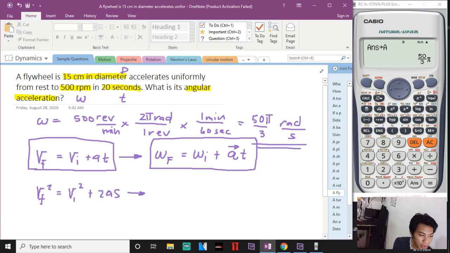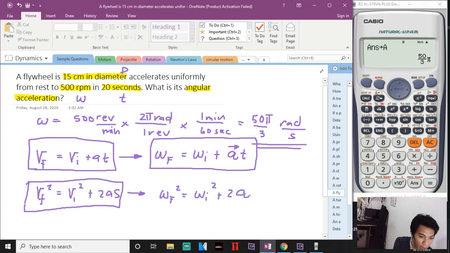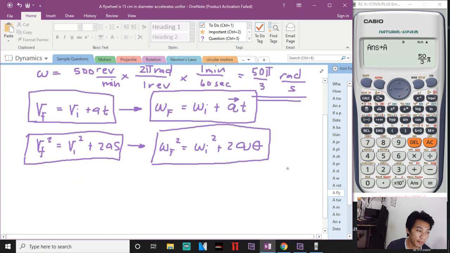Ita-translate na naman natin siya to rotational. Omega F squared equal to omega I squared plus 2 alpha theta. Okay. Dalawa na yung formula mo.